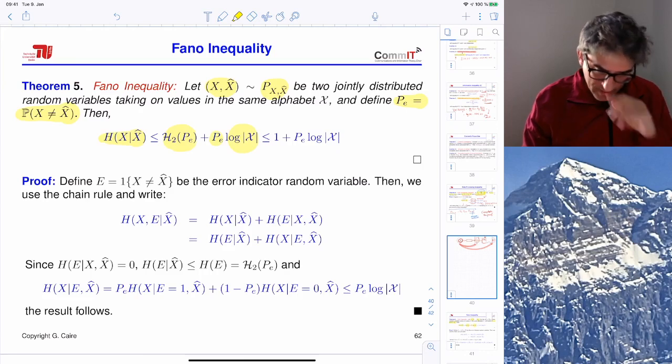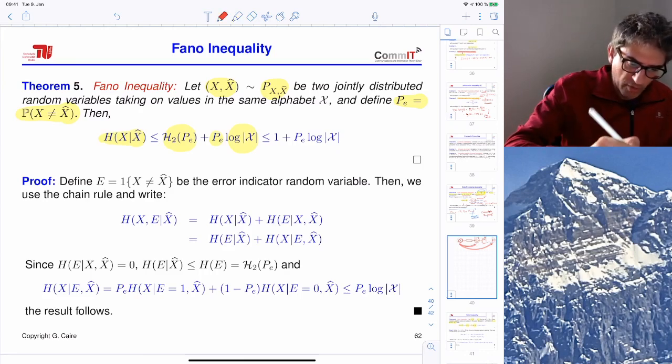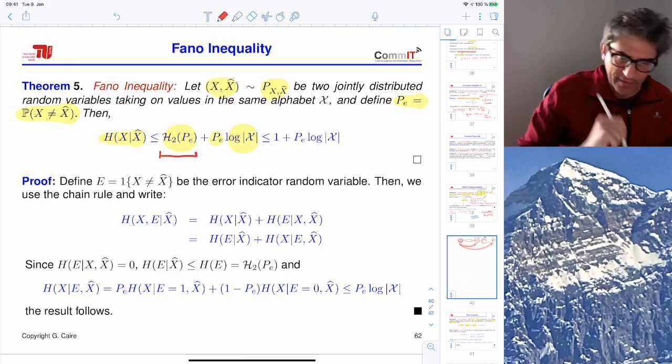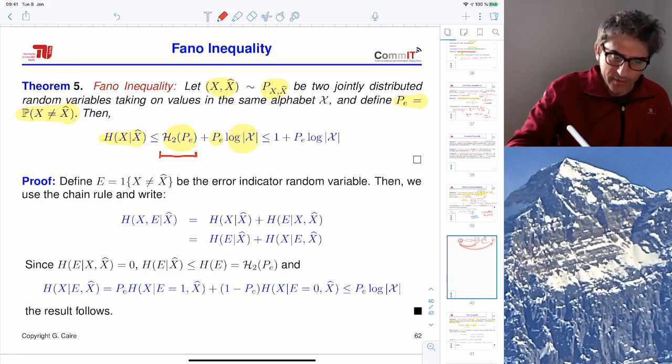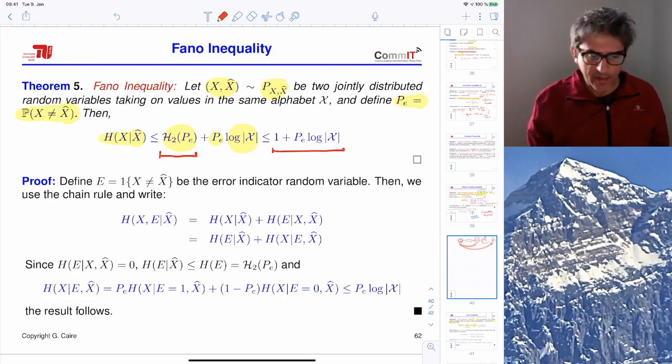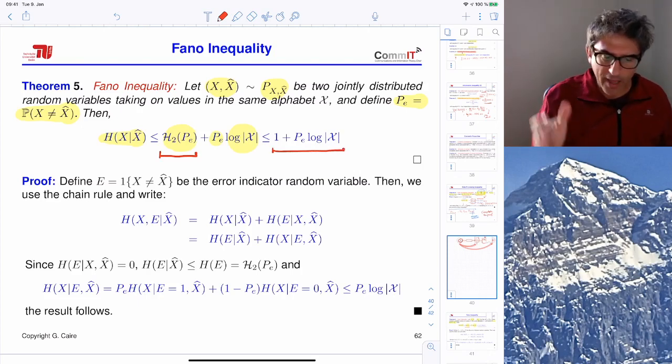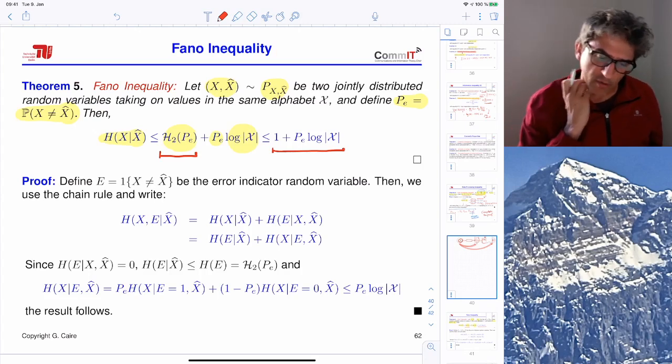Now, since we know from before that the binary entropy function is always upper bounded by 1 bit, we can also relax this bound and make it a bit simpler and say less or equal than 1 plus probability of error times logarithm of the alphabet.